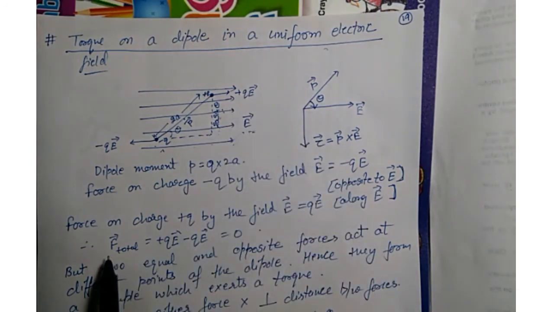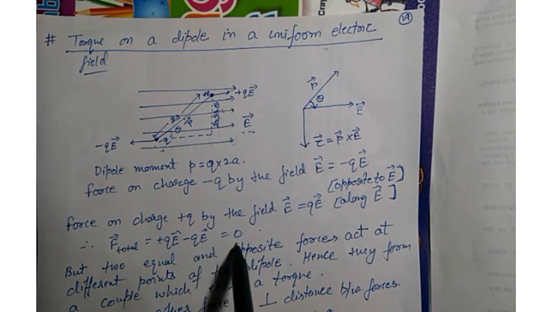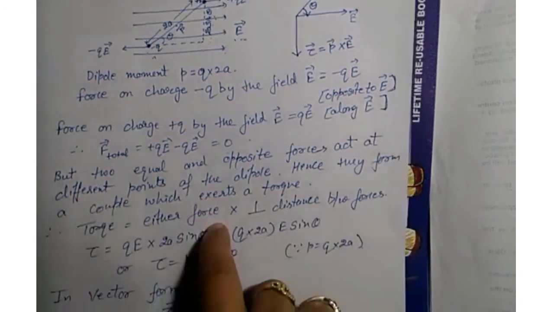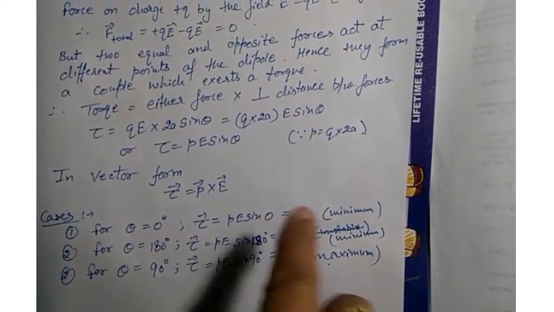So the total force acting on the dipole is plus QE minus QE, that is equal to 0. That is, the net resultant force acting on the dipole is 0.